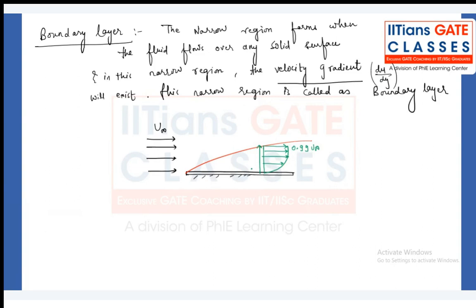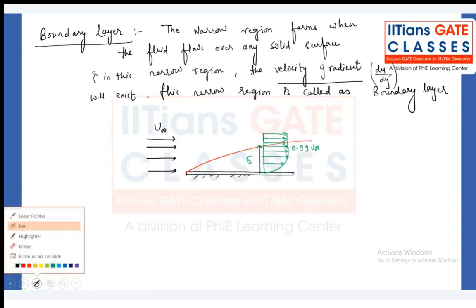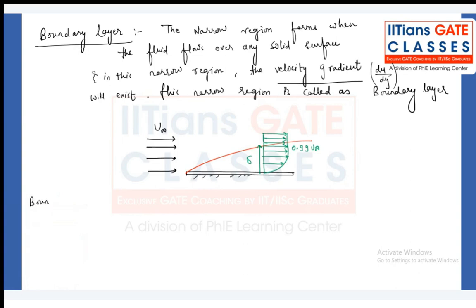The distance traveled perpendicular to the wall till the point where the velocity is almost equal to 99% of the free stream velocity, or almost equal to u infinity, that distance will be called delta. That means after this point, we will have a uniform velocity profile like this. So note down the definition, boundary layer thickness.